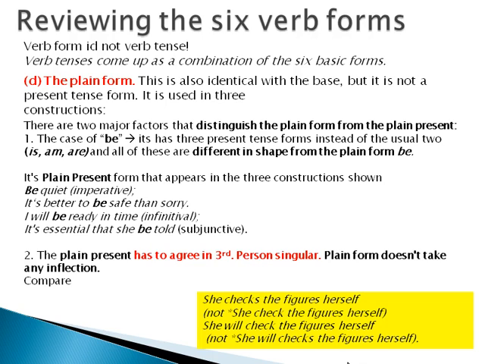Plain present, the first one. Take a look at the second one. She will check the figures herself, not she will checks. What form is this? Plain form or plain present? The second one is plain form, because this agreement here is ungrammatical.